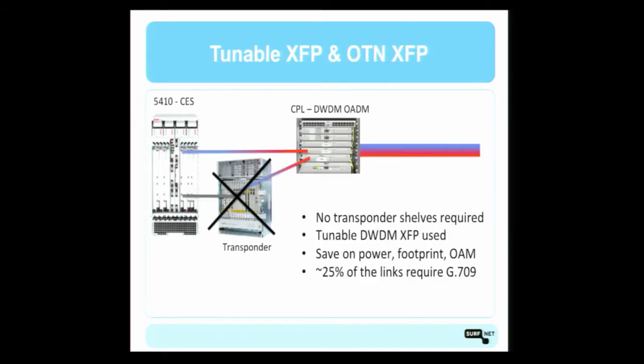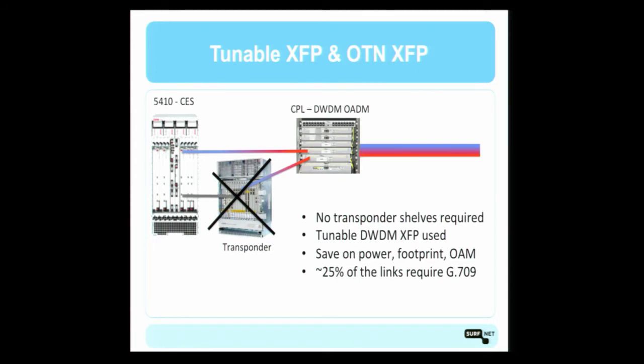The next optimization is to use tunable XFPs in the carrier Ethernet switches. So we don't need any transponder chassis. It saves a lot of money and power and space. And the nice thing, during the tender process, Ciena came up with the OTN XFP, which has G.709 FEC on it.